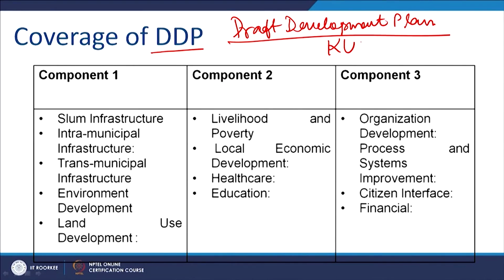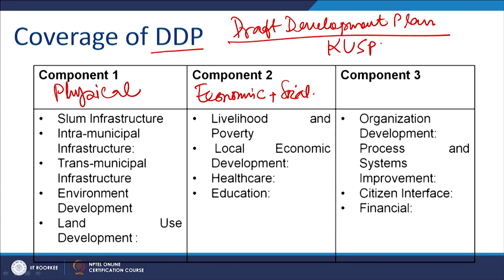This draft development plan was done in the city of Calcutta under Kolkata Urban Services for the Poor. So, there are component 1, component 2 and component 3. Component 1 is basically focused on physical parameters, component 2 was focused on economic and social parameters, and component 3 was focused on organization parameters, like organization development plan, process and system development, citizens interface and financial.